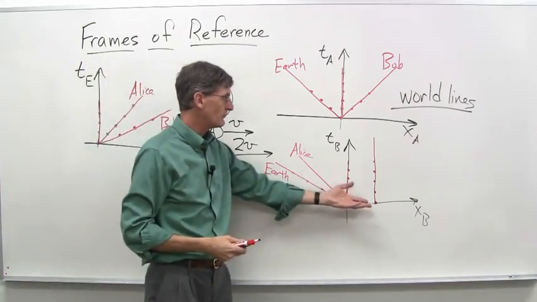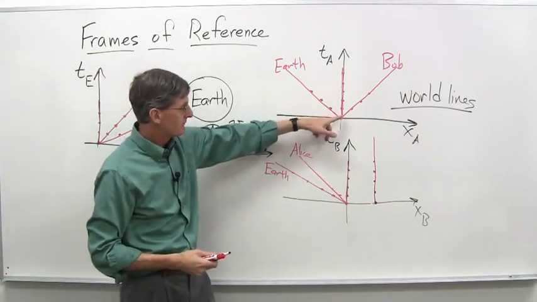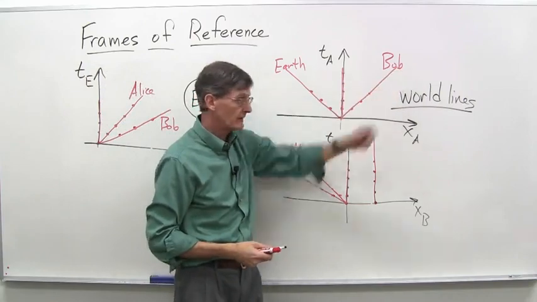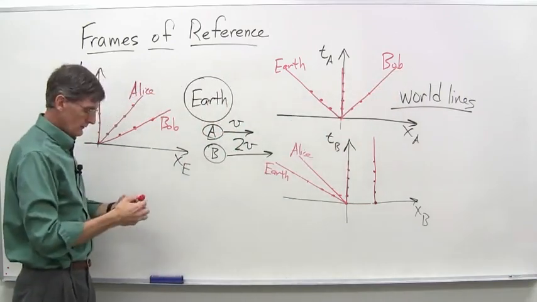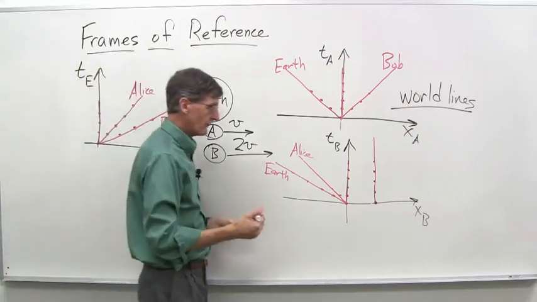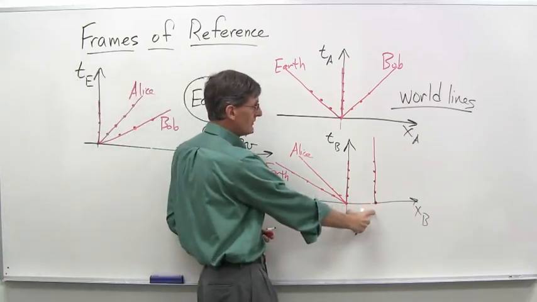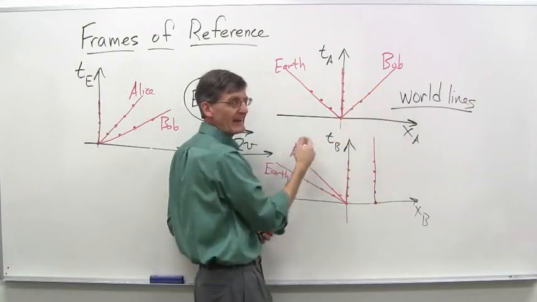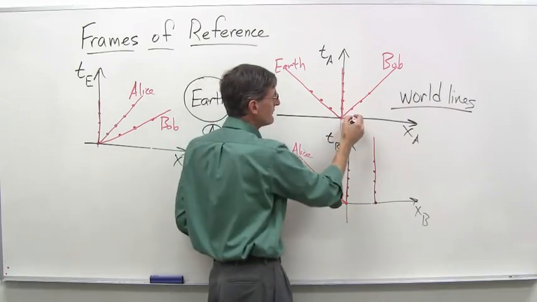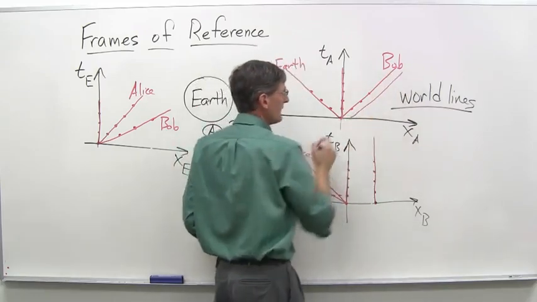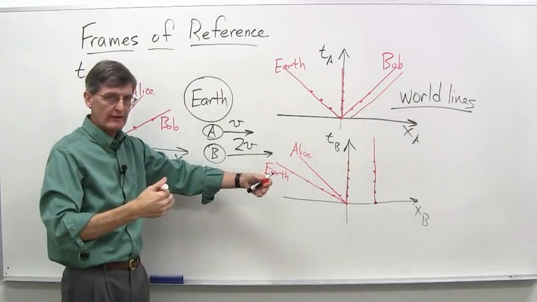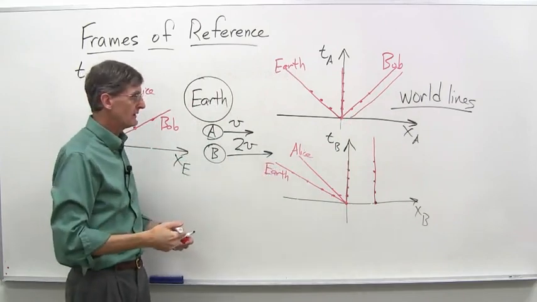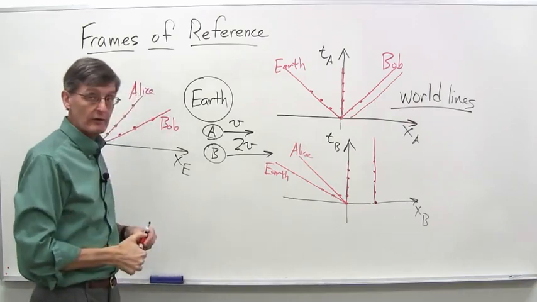The front of Bob's spaceship to Alice is going to be a line like that, in fact. Actually not quite exactly, because if this is Bob in his cockpit, then from Alice's perspective the front of his ship is also moving, but just 10 meters ahead of where Bob in his cockpit is. So that's a vertical line.